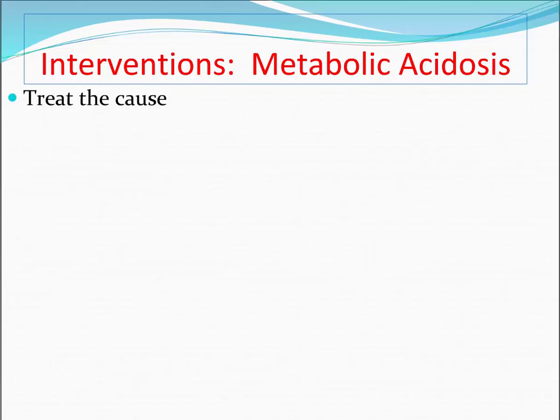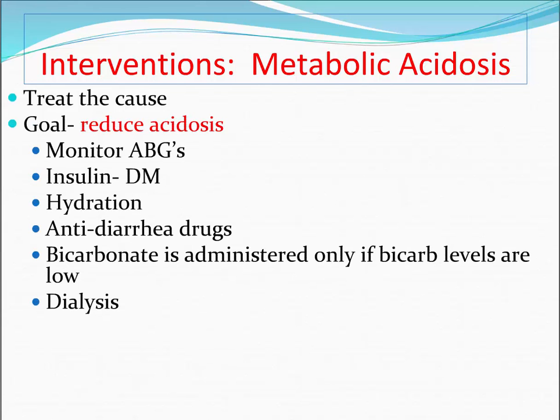Interventions for the client experiencing metabolic acidosis would be really aimed at treating the cause. So once the cause is identified, then the treatment plan can be implemented. So certainly you'd be monitoring the arterial blood gases. If the client was in diabetic ketoacidosis, you'd be administering insulin. Hydration, if dehydration and diarrhea is a problem, antidiarrheal drugs may help.